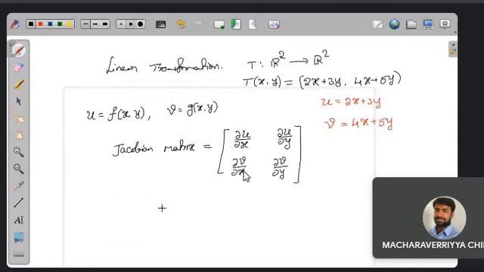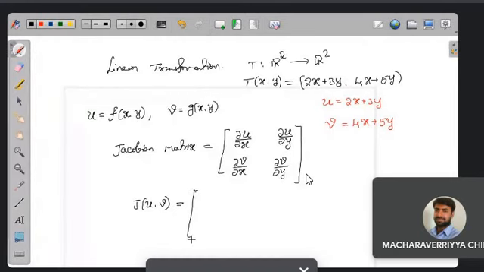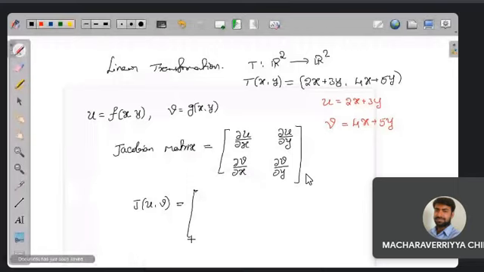let me write the Jacobian matrix for u comma v with respect to x and y. Now here let us write Jacobian matrix for this u and v.